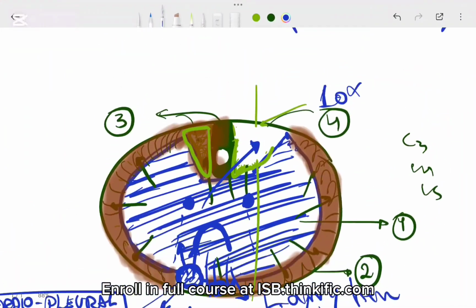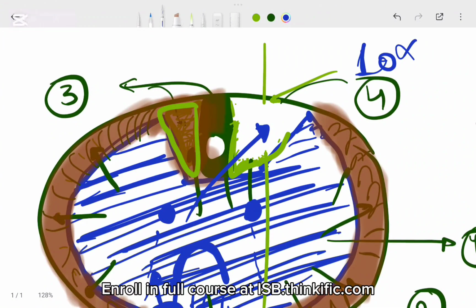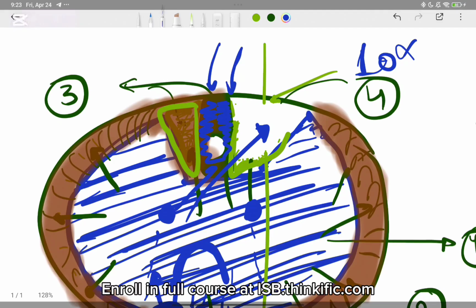I'll show you here. When the muscle has left the septum transversum and moved to various other parts, when it moved to the mesentery of the foregut, it will form the crura of the diaphragm. So the crura of the diaphragm are derived from this particular part. Okay.